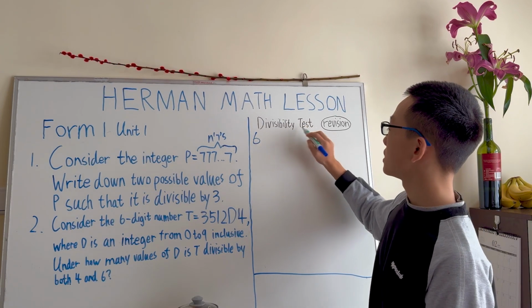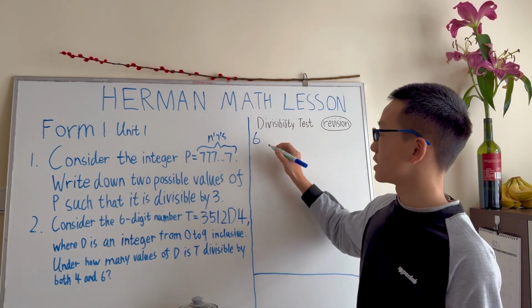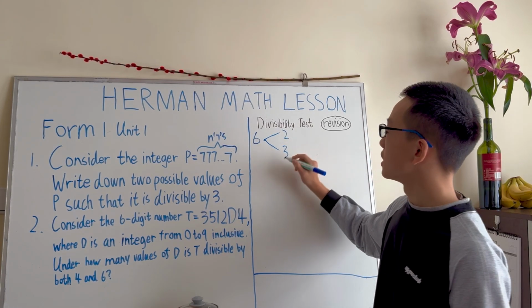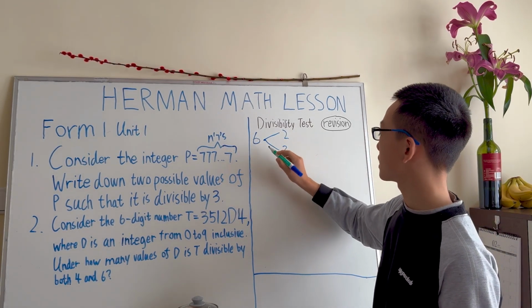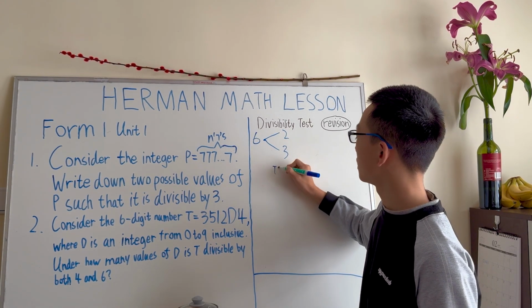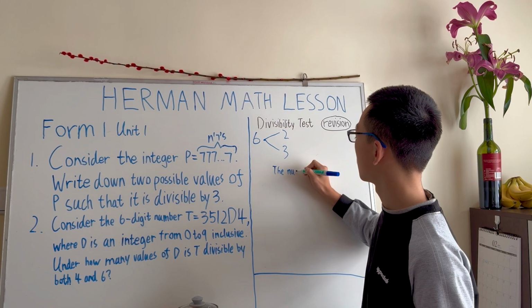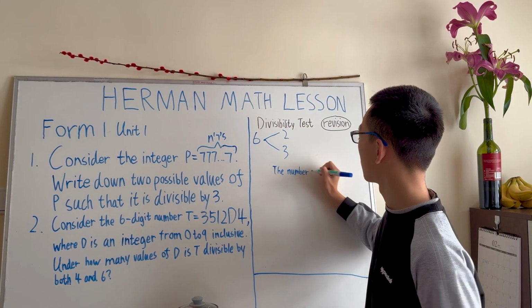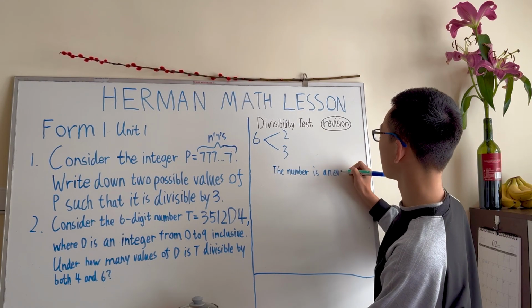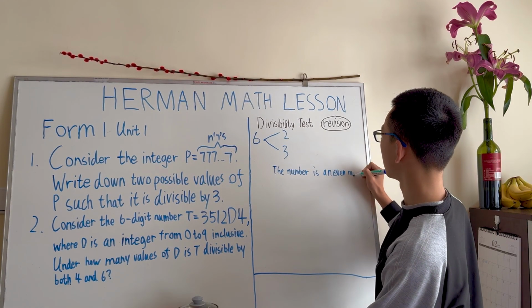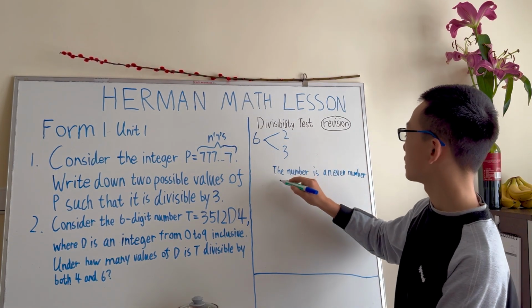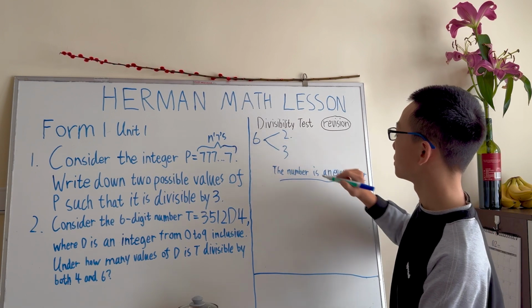The divisibility test of 6 is that we divide this into 2 and 3. We look at if the number is an even number, then it is divisible by 2.